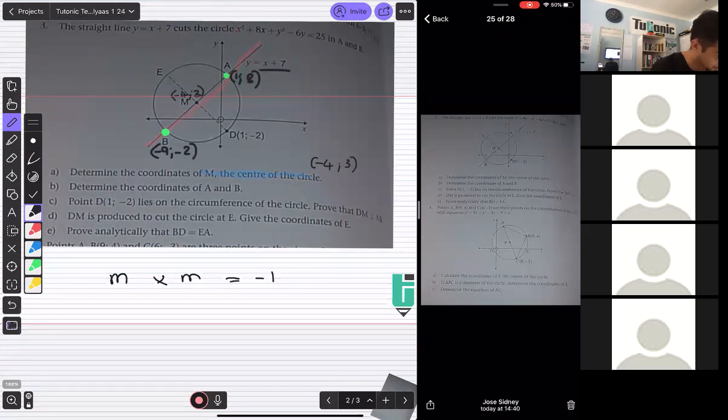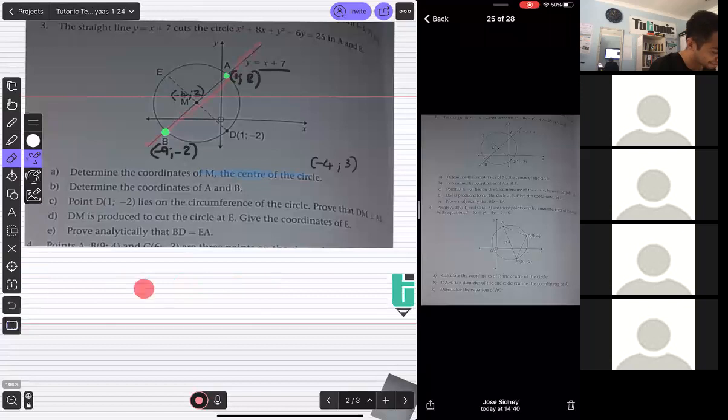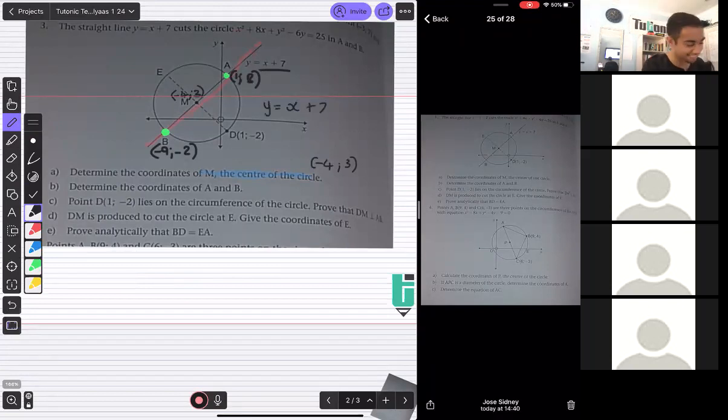So what's the gradient of AB? 1. How did you know that so quickly? Because it's in the equation itself. y equals x plus 7, and the number in front is 1. So you don't have to do y2 minus y1 for this one, because you have the equation.